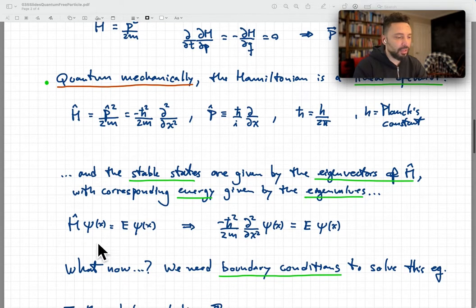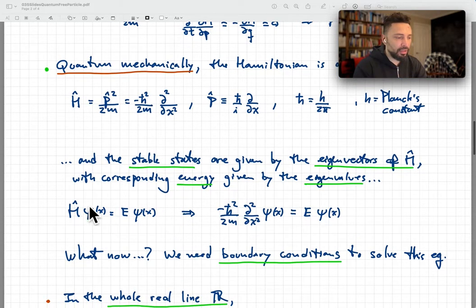And so we have to solve then our eigenvalue problem, our secular equation, if you want, where we take minus h bar squared over 2m times the second derivative acting on our wave function, our vector, is equal to the energy, so our eigenvalue, times the vector once again. So this is a differential equation.